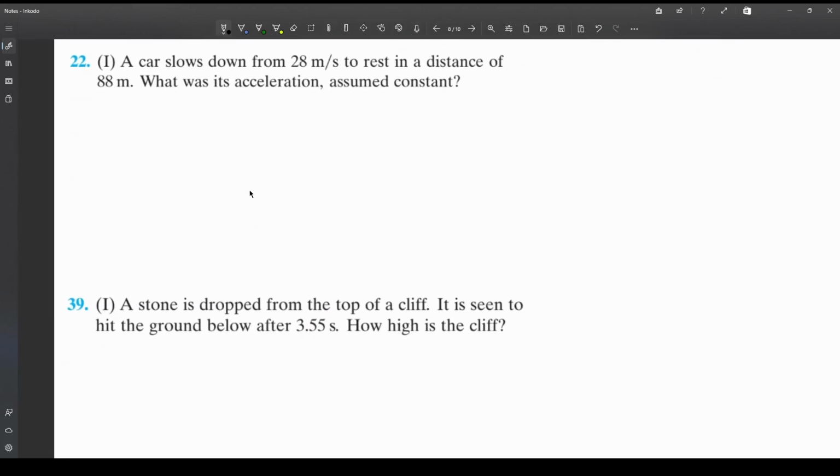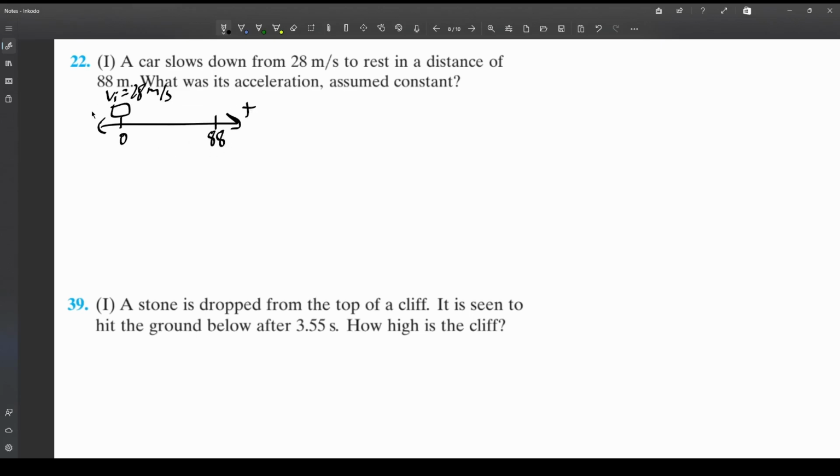Again, take a minute to pause the video and to read the question, and then I'll solve it. So in order to solve this, you need to identify your start position, which is at 0, your v initial is equal to 28 meters per second, and then your final position is 88.